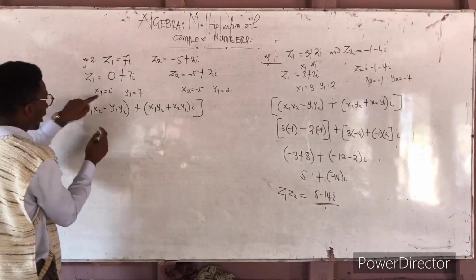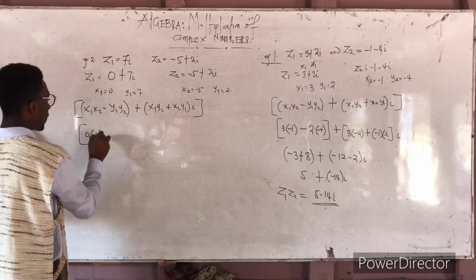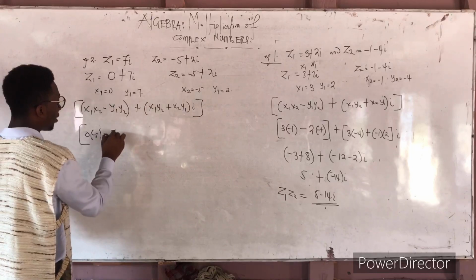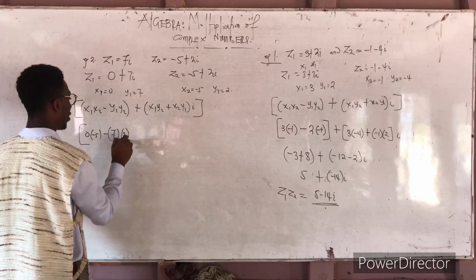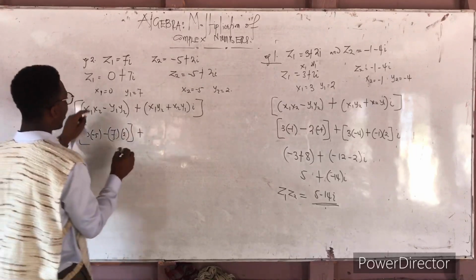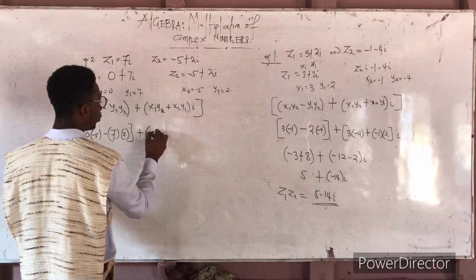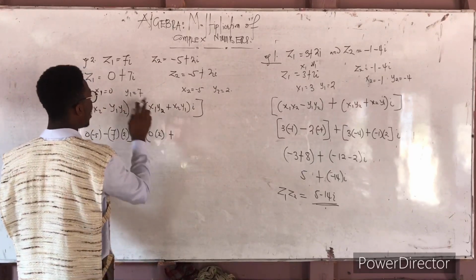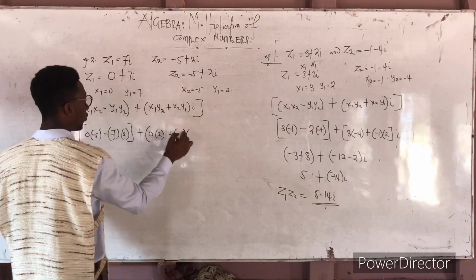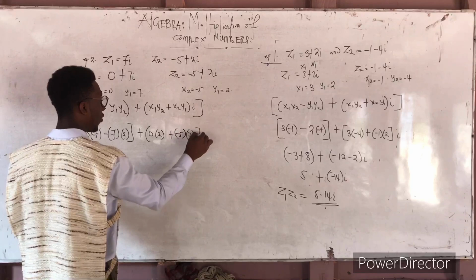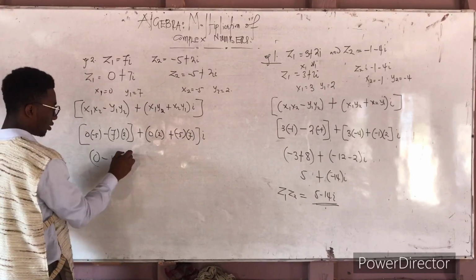Now I'm going to give you 0 times x2, which is negative 5, minus y1, which is 7, times y2, which is 2 here. Plus x1, which is 0, times y2, which is 2, plus x2, which is minus 5, times y1, which is 7, and all times i.